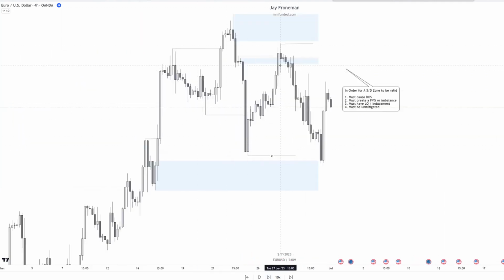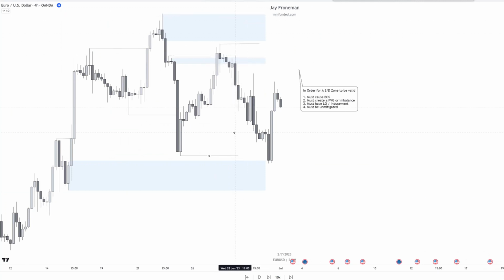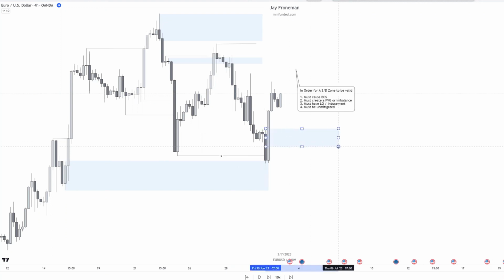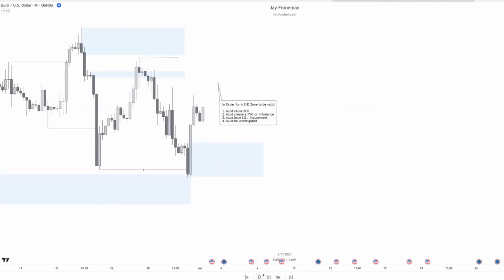In this scenario, price continued, did not mitigate our supply, but we swept liquidity on the 4-hour time frame into the demand area, which now is providing a reaction. So let's continue price. We also now have another valid demand area over here.